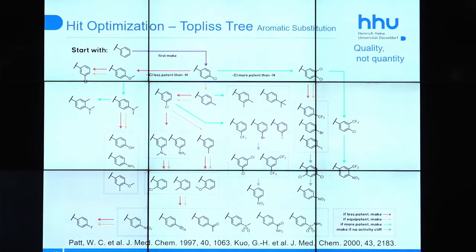When we have developed some new interesting structures, then we always go into the optimization of these new structures. And I already explained on Monday, we are not going for quantity, we are going for quality. So by the lowest number of structural variation, we want to find the optimal compound with a structural element in this way.